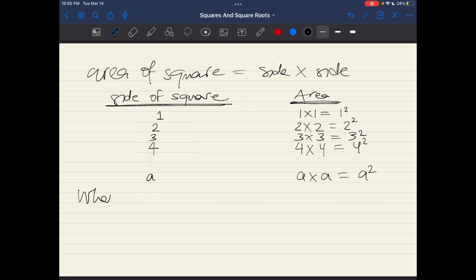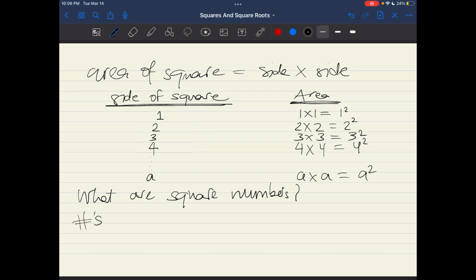Now, let's talk about what square numbers are. Numbers that can be expressed as products of the number with itself are called square numbers. So what are square numbers?